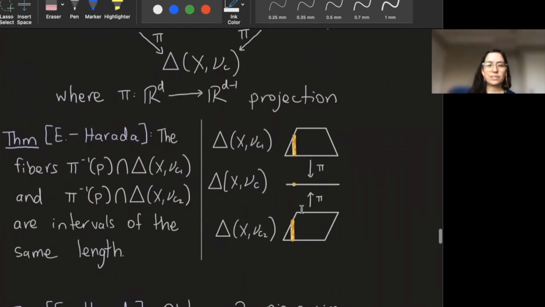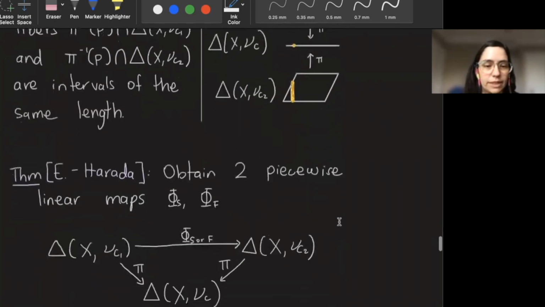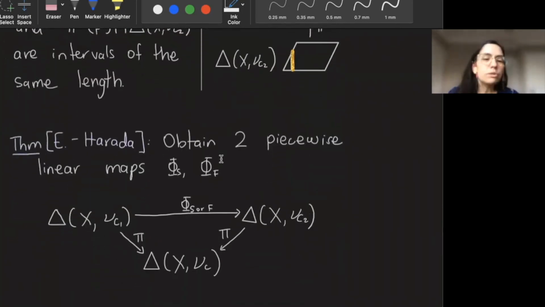That it projects to the same as this other one, and the fibers are intervals of the same length. So if you flip this one upside down, nothing will change. So the second piecewise linear map is to flip that top polytope and then apply this shifting. So we obtain two piecewise linear maps such that this diagram commutes.